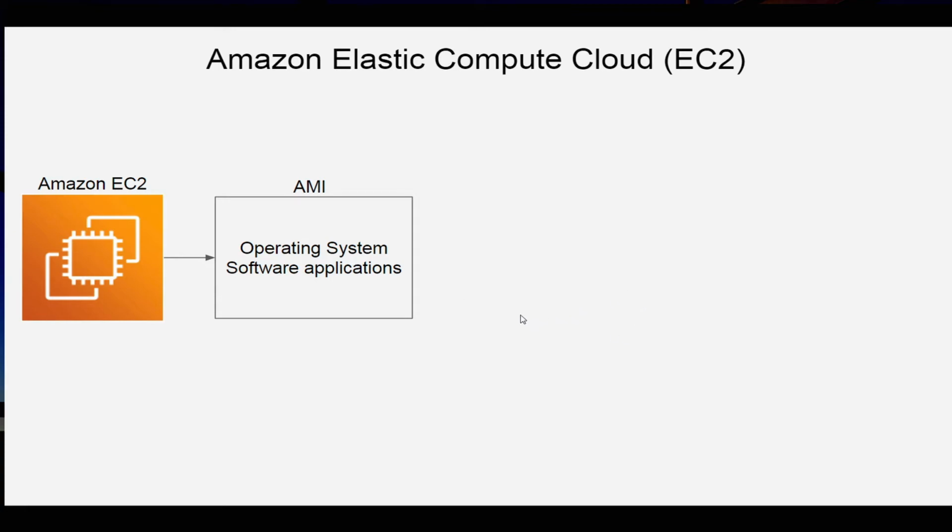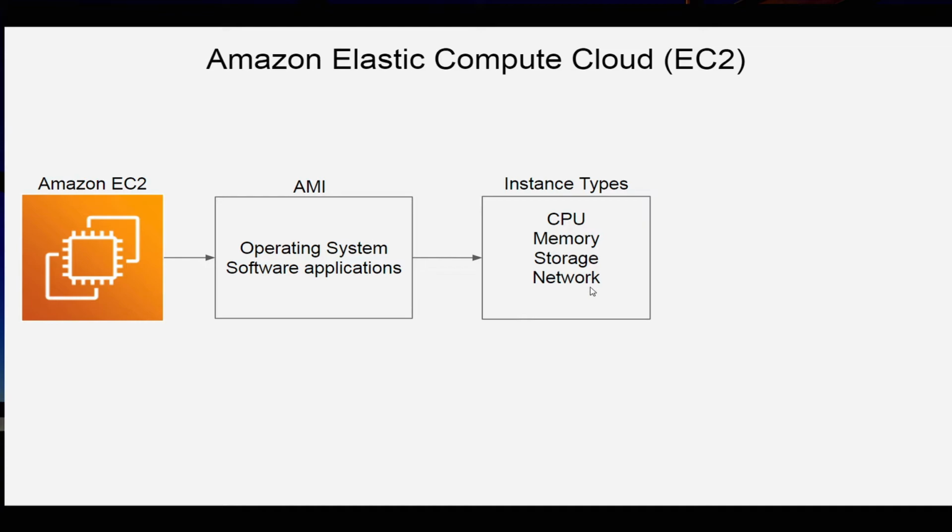Then we need to select the instance type, which specifies the hardware of your virtual server, such as CPU, memory, storage, network. All right. Then there are some other configurations, like you can add a tag, which is metadata. You can also configure security groups. But they are not important right now.